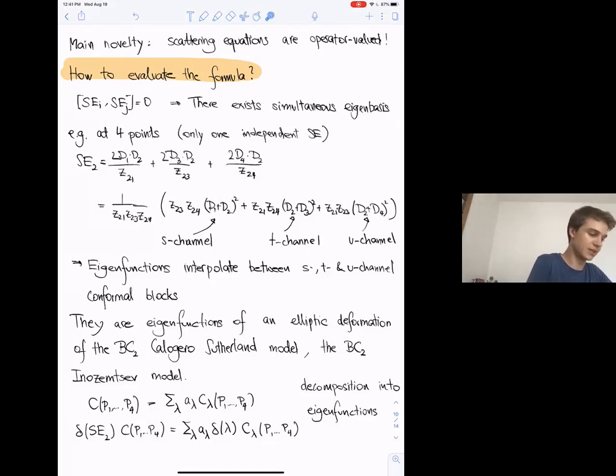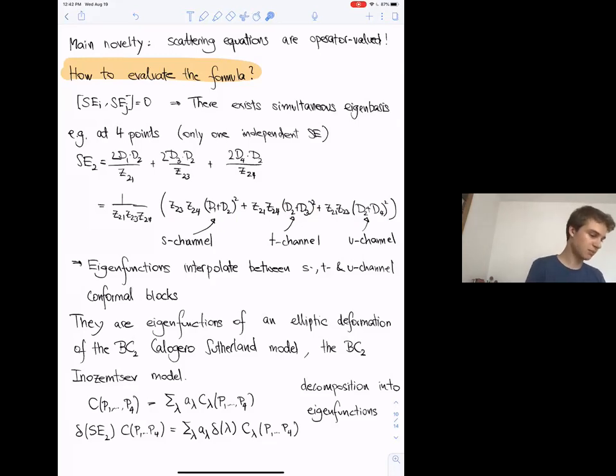So this one acts on the contact diagram, so I can just put d1 squared to 0 there. Now let's say if z3 is z2, then we would kill this term, and we would kill this term because there's z2,3. So if z3 is z2, then we just keep this term and we get the Casimir of the T channel. And similarly for specifying z3 to z1 or z4, you get the S and U channel.